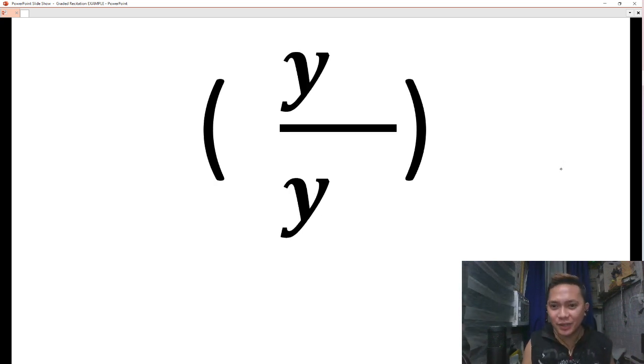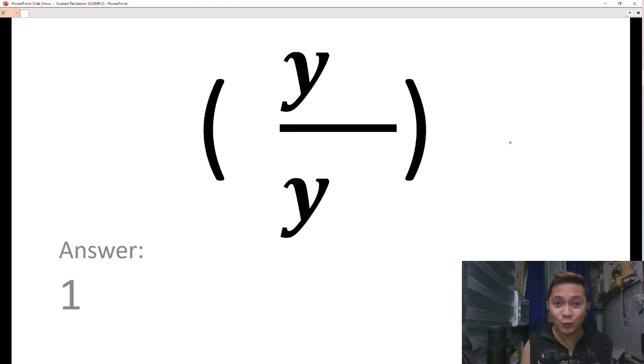Next, y divided by y. Many people get confused here. Okay, so y divided by y, that is equal to, 20 seconds. The answer is, okay, so the answer is only 1.